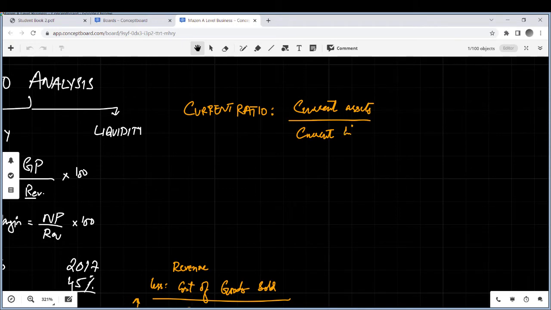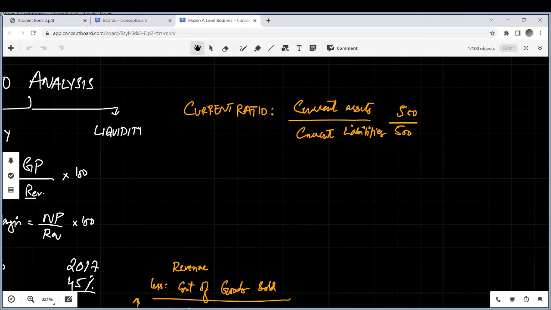So it would be how many times of your current liabilities are your current assets. So, for example, if you have got 500 million of current assets and 500 million of current liabilities, your ratio would come out as 1 is to 1.